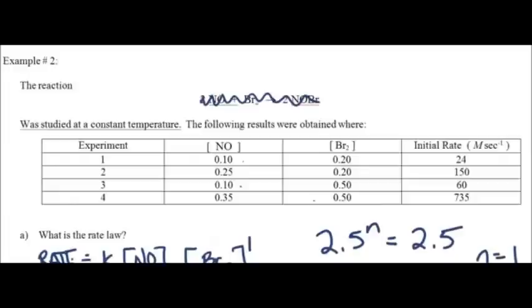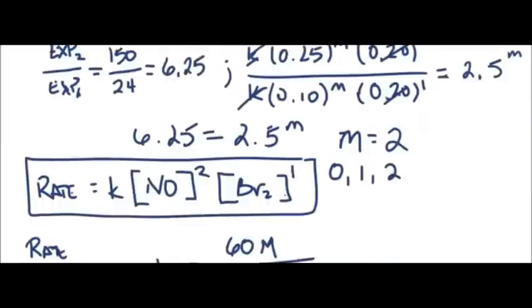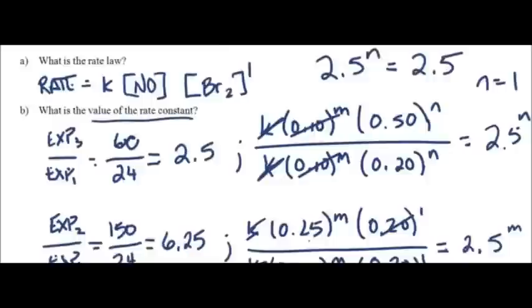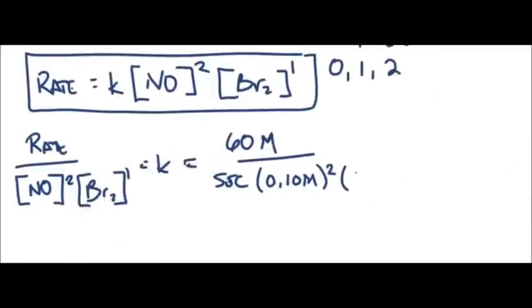And the nitrogen monoxide is 0.1. So 0.1 squared. So we must square that if it's second order. And then the concentration for the bromine is 0.5. And that also is molarity, but it is a first order reactant.